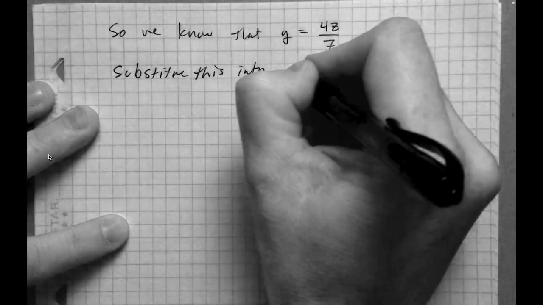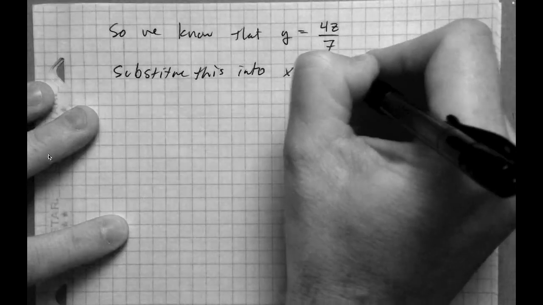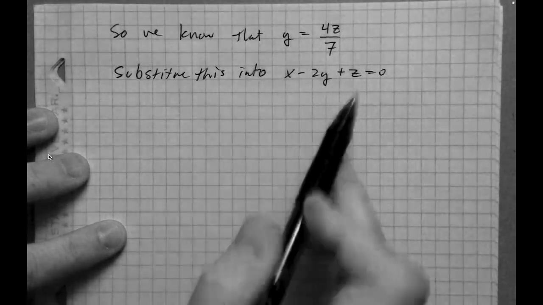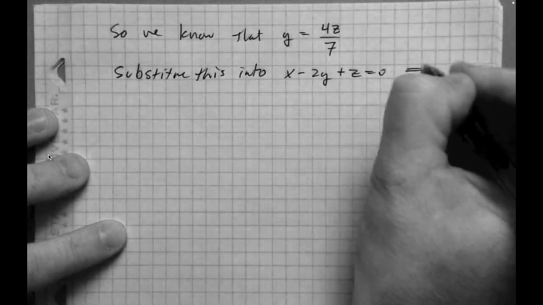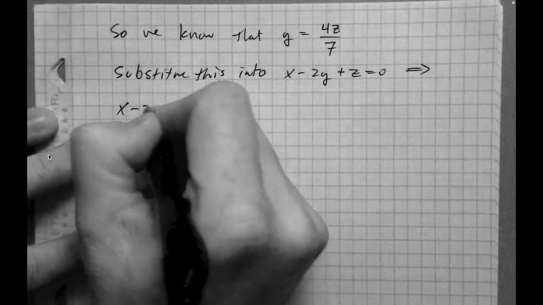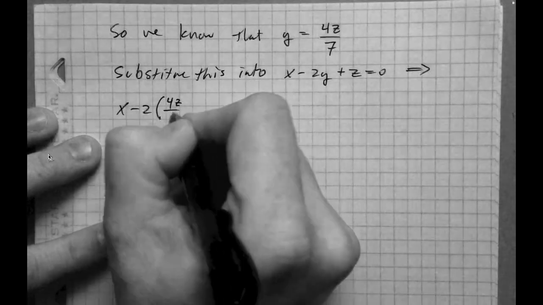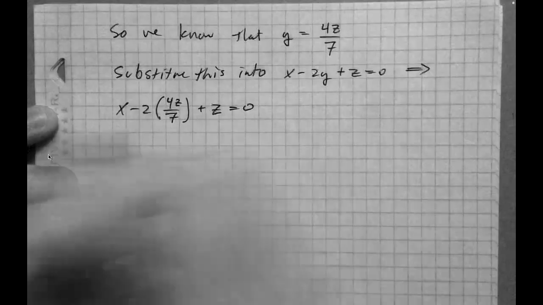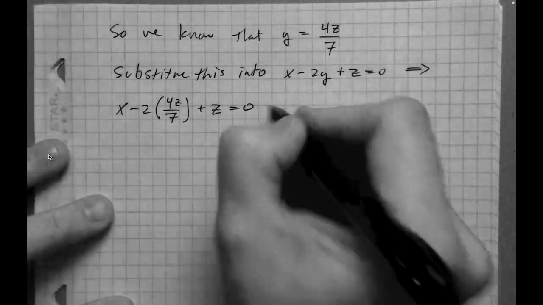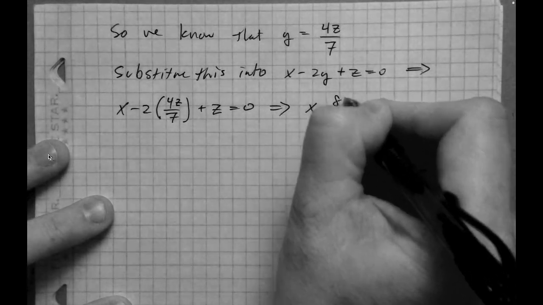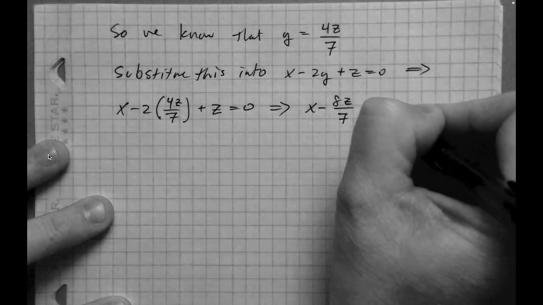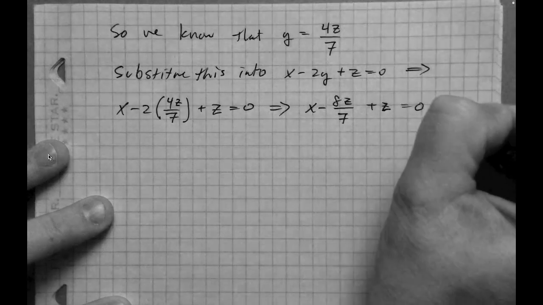I'm going to substitute that into x minus 2y plus z equals 0, one of the original equations. And so what do I have? I get x minus 2 times 4z over 7 plus z equals 0. Okay, and so that means x minus 8z over 7 plus z equals 0.